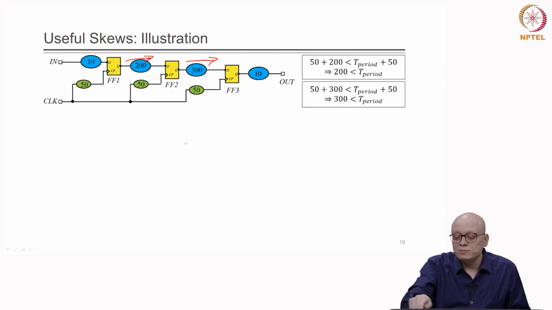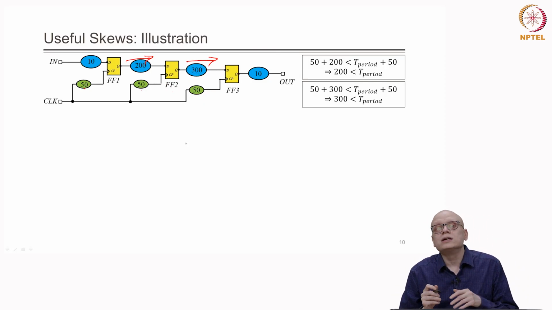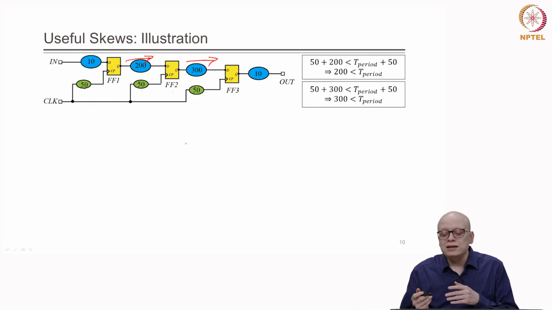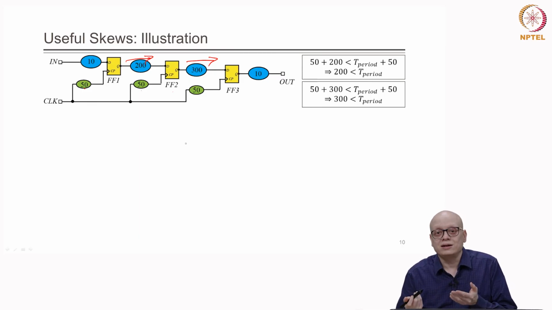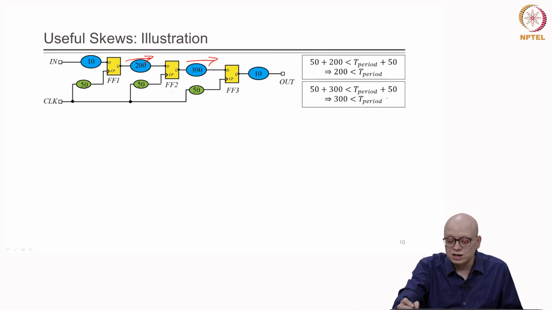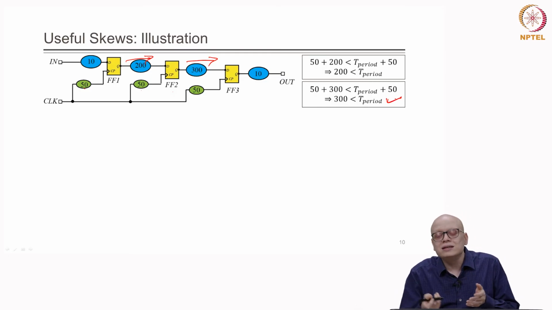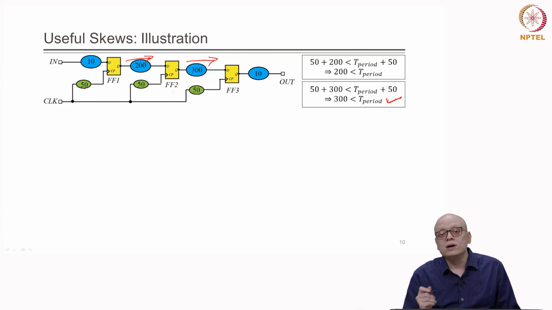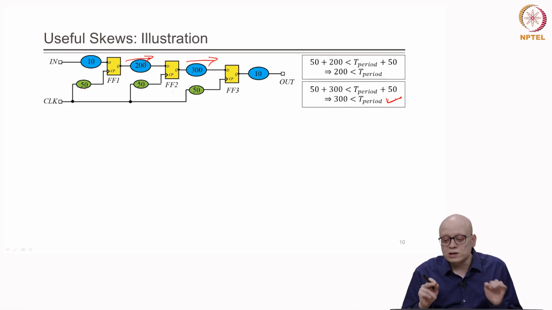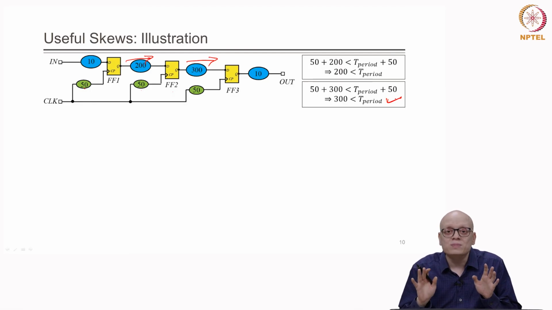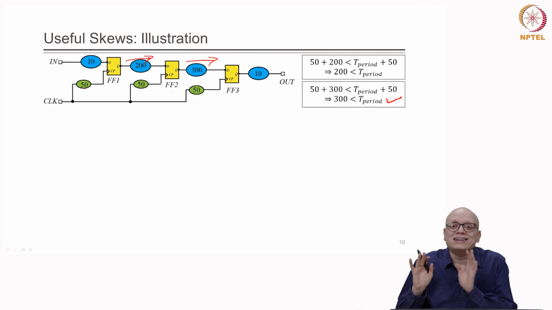One says T period should be greater than 200, the other says T period should be greater than 300. The stricter one should be considered, right. If we follow the stricter one, then the lenient one, T period greater than 200, will automatically be fulfilled, right. So, the minimum value of T period can be 300, it should be at least 300, right.